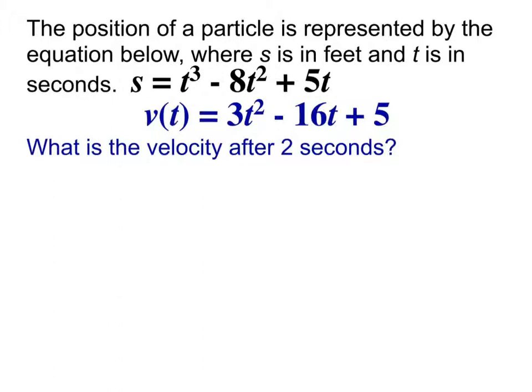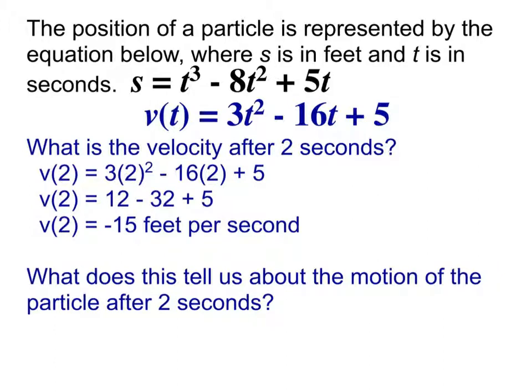So we're plugging it into the velocity. When we do that, we end up with a negative 15 feet per second. Notice our units and how they change. It went from feet, we did the derivative with respect to time, and therefore it's per second now, so feet per second.